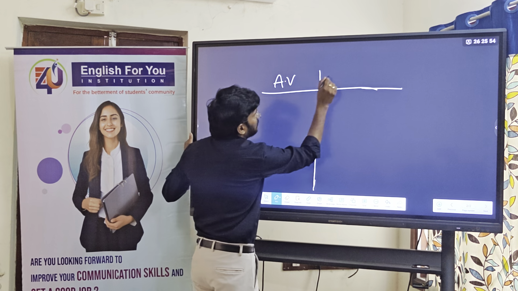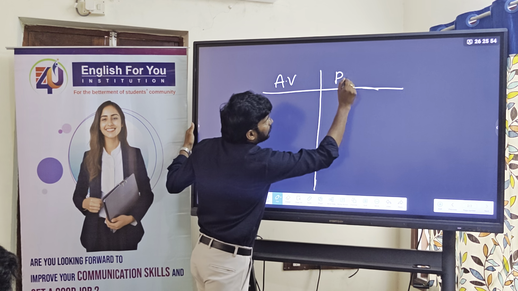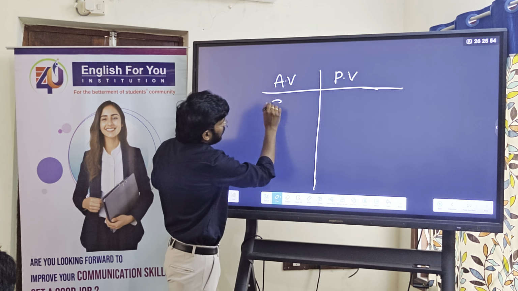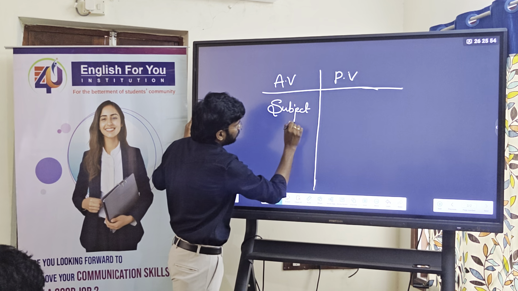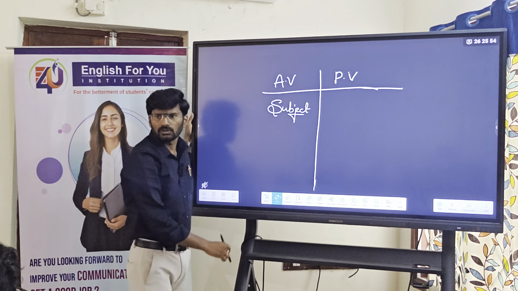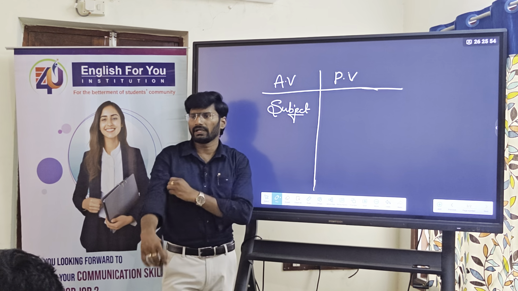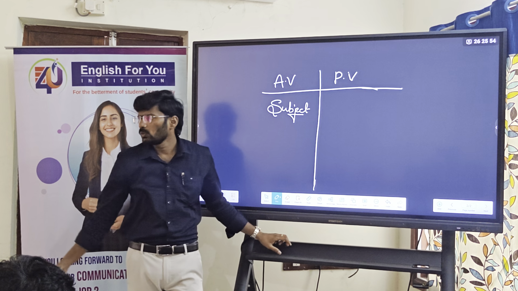So active voice and passive voice means, you know, right here the subject is elevated, or highlighted. What is that? If you are taking the subject as the doer, the one who is doing the work, then it comes under active voice.